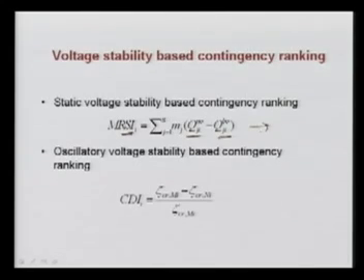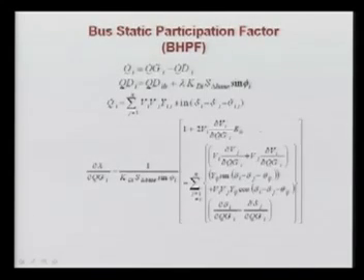To locate this, we can go for the bus static participation factor, that is, the BSPF. Here you can see the reactive power injection at any bus Qi is equal to the reactive power generation at that bus minus the reactive power demand at that bus.